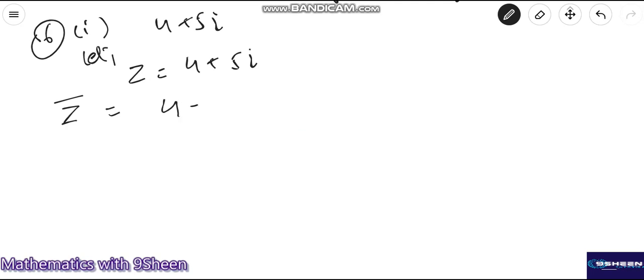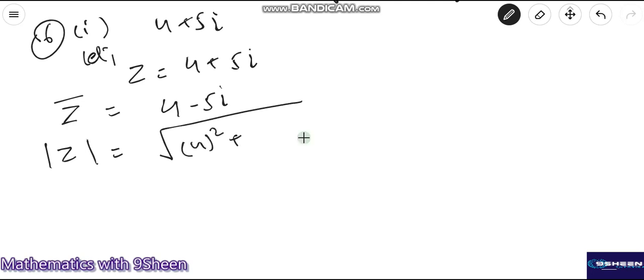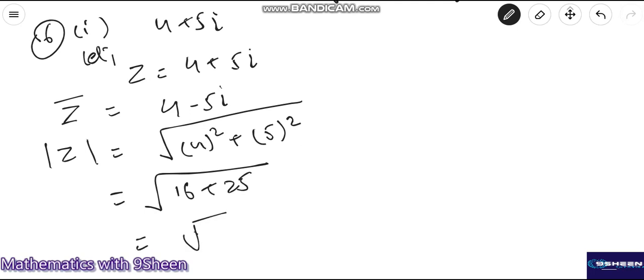That's why 4 minus 5 iota is your conjugate. And the modulus of this means real square plus imaginary square. Imaginary coefficient is 5. Now 4 4 is 16, 5 5 is 25, and your answer is 41.